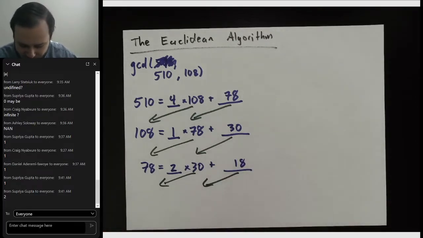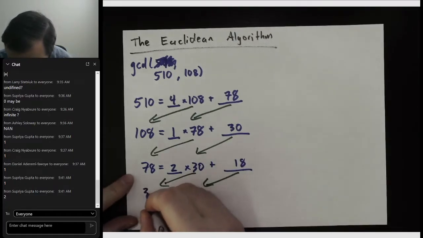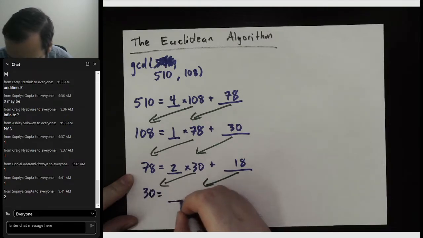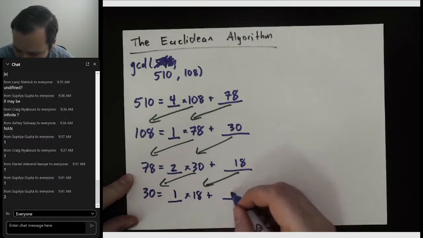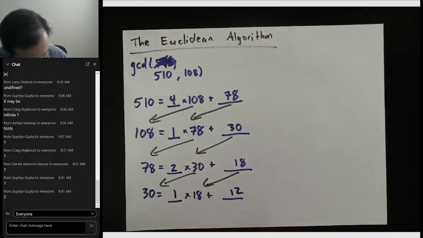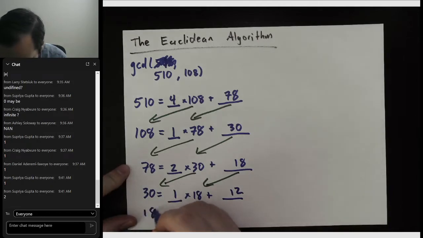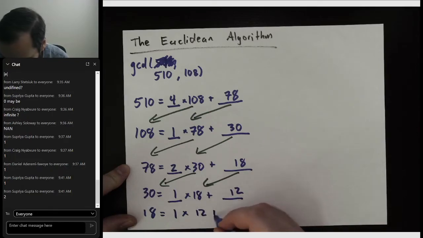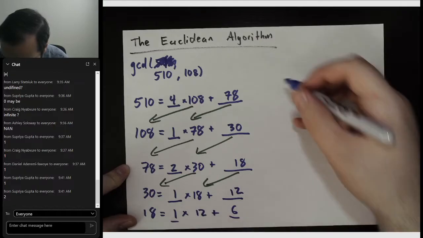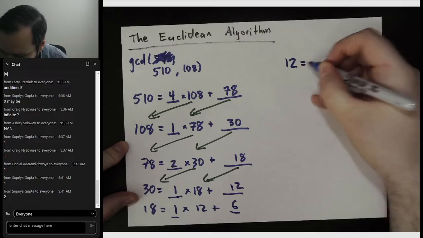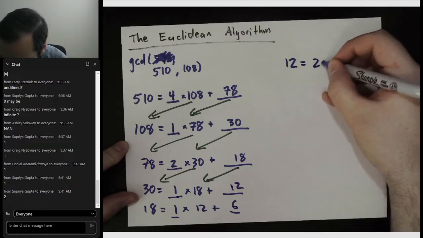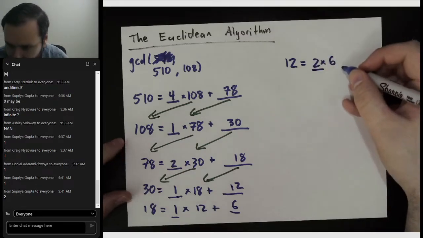This is the algorithm. We just keep repeating this. 30 as a multiple of 18 with a remainder. In this case, 1 times 18 plus 12. Write 18 as a multiple of 12 with a remainder. And last but not least, ran out of room, I write 12 as a multiple of 6 with a remainder.